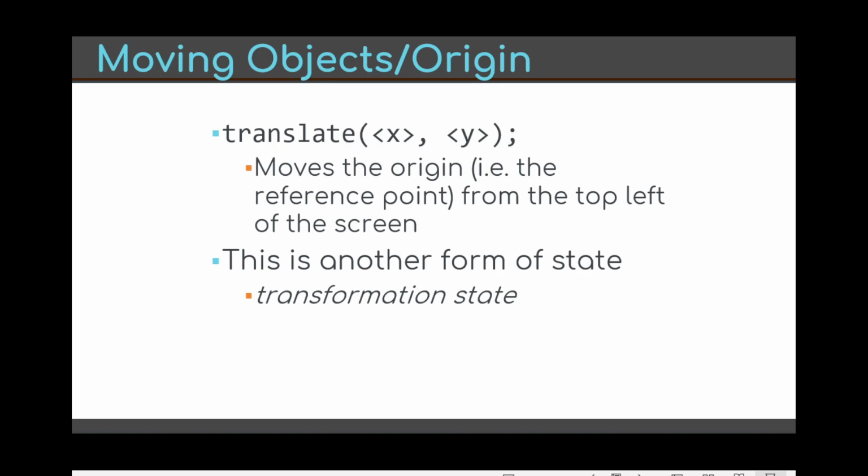And it's really handy to have 0, 0 in the center to match your math. Well, this is how you do it with translate. Translate changes where 0 is by an x and y value. So if you had a window size of 400, 400, you could translate to 200, 200, and then 0, 0 would be the middle. Negative y would be going up, positive y would be going down, negative x would be going left, and positive x would be going right.